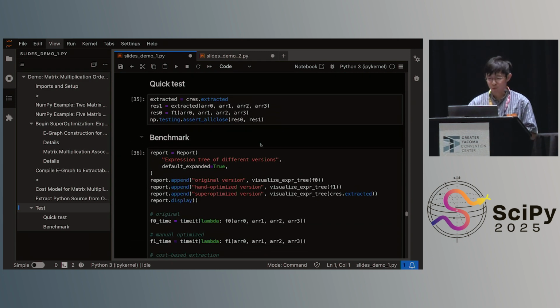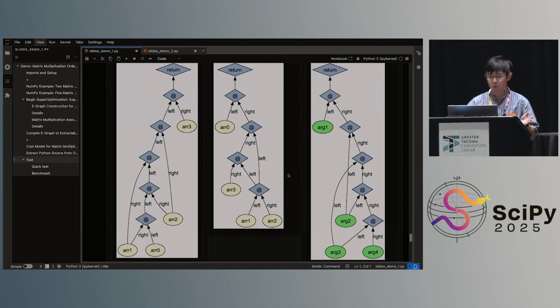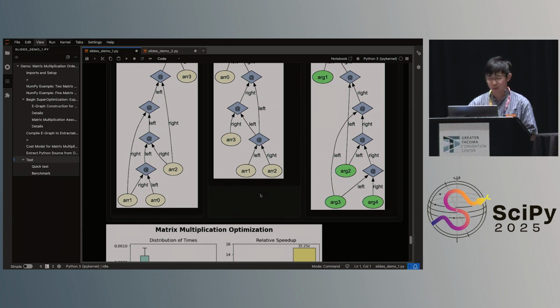It's hard to read, so you can look at the graph here. The left-hand one is the original. The middle one is my hand-tuned version. The right-hand one is the superoptimized one. They are different. The superoptimized one actually didn't use the common subexpression trick, and this is not something that I would have guessed.